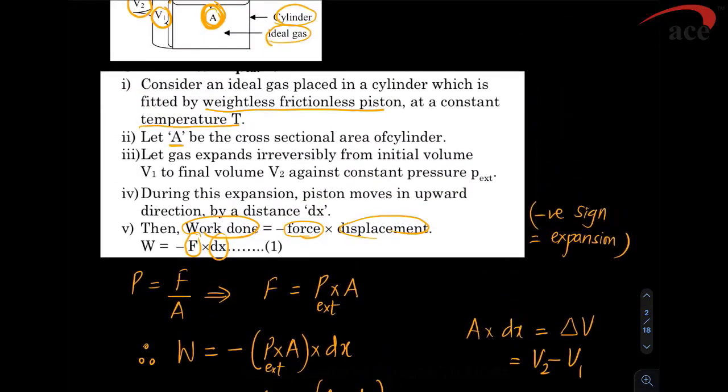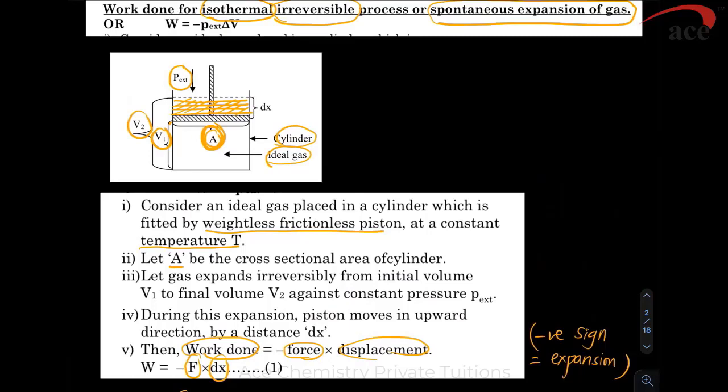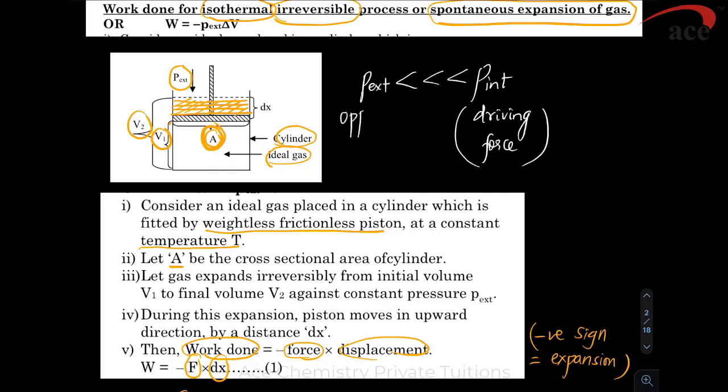But on what grounds do we consider this process as irreversible? We consider this as irreversible because external pressure was far lesser than internal pressure. So, the driving force was internal pressure and the opposing force was external pressure.